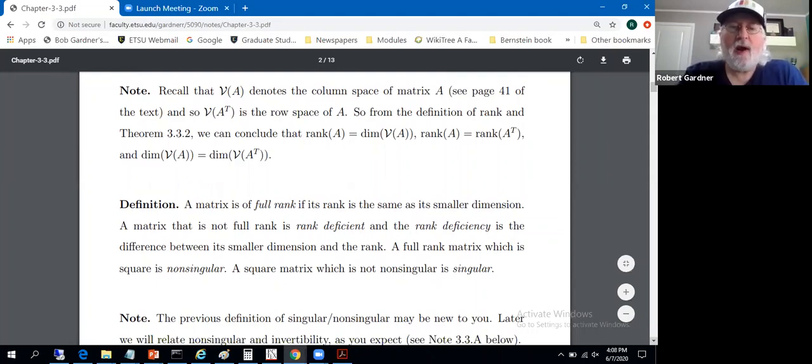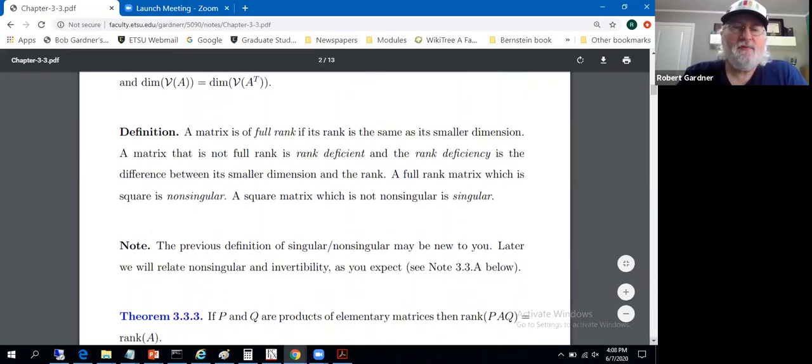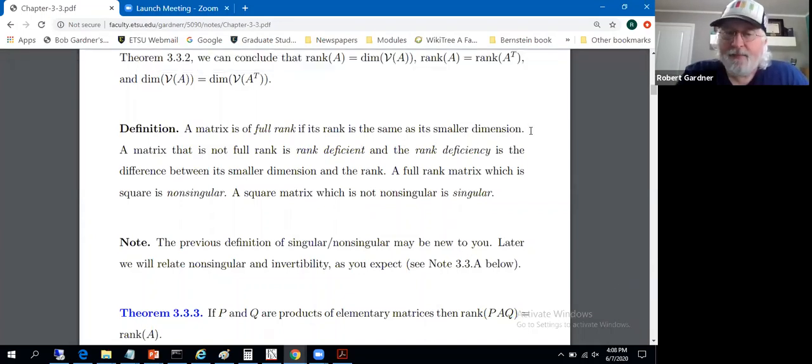You could relate rank to invertibility of a matrix, which the following will remind you of, though it's not being stated in the way you might think from linear algebra experience. A matrix is full rank if its rank is the same as its smaller dimension. All right, like I said, when you calculated ranks, you row reduced and you counted pivots.